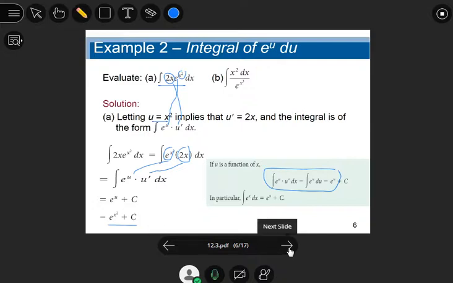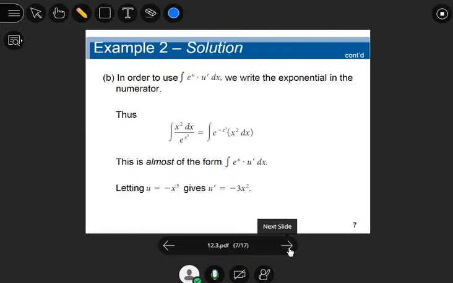So let's move to our next problem. It is a little bit tricky. At first glance you can see it is of rational type, but by taking this part, e to the power x to the power 3, you can convert it into this form.